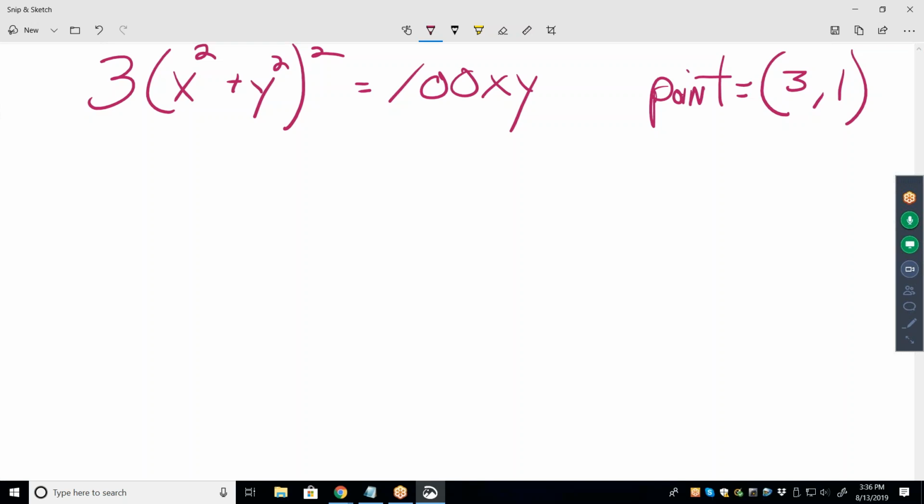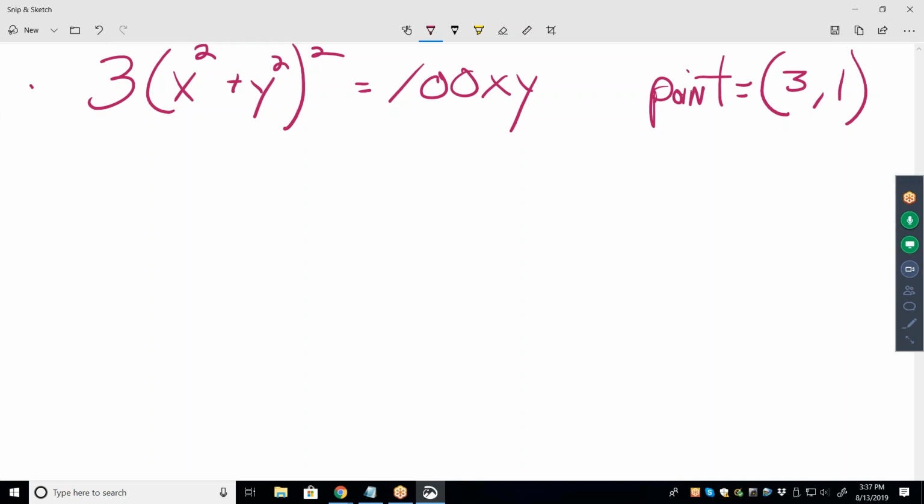In other words, it doesn't really come down to that, but you are going to have functions where it's virtually impossible to solve for y, and this is actually one of them. However, we can still figure out what dy/dx is at this point, (3, 1). So this definitely calls for implicit differentiation.